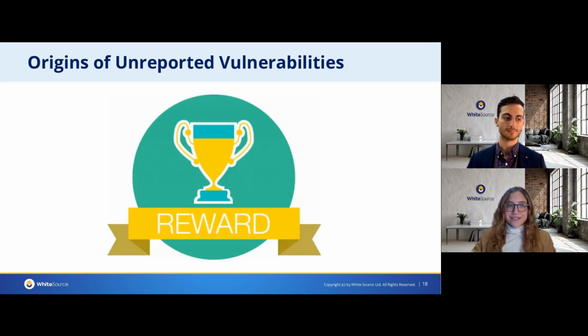The next one is reward. This section is a really disappointing one. The case where the maintainers are aware of a security issue, but they decide to keep it internal and not share it with the community due to selfish reasons. They don't get any reward, money, or any other recognition.